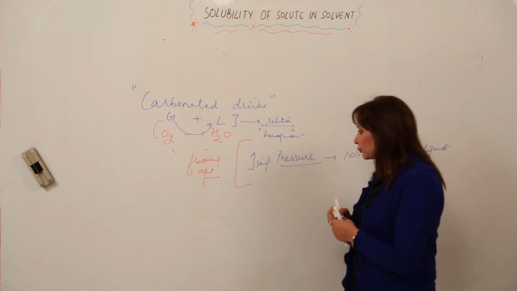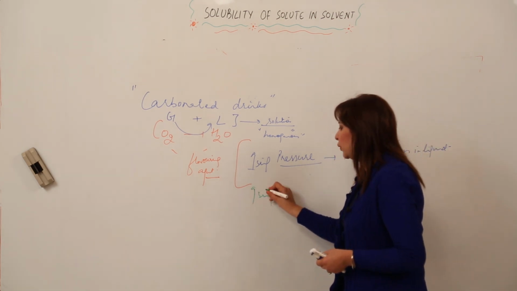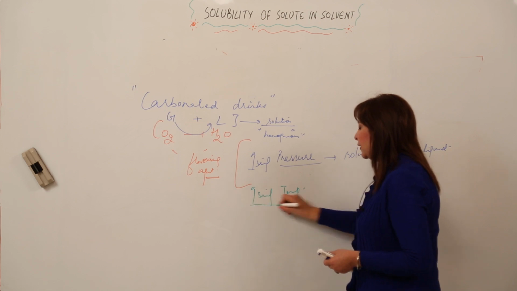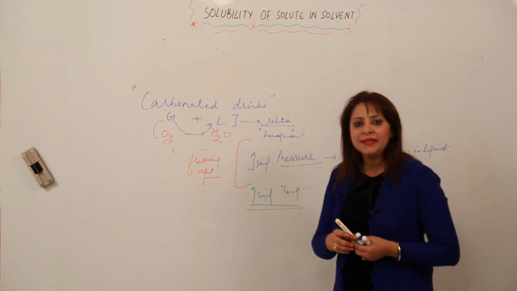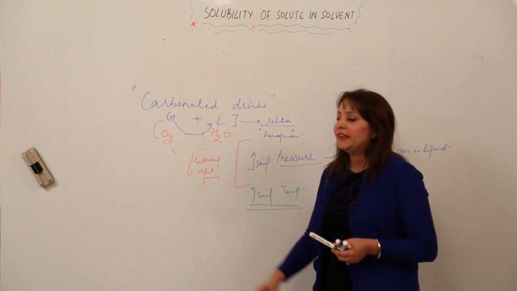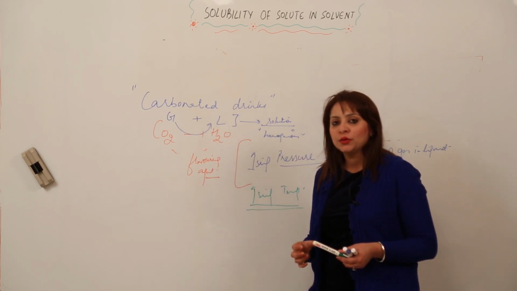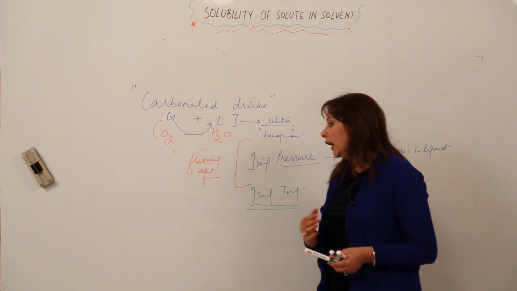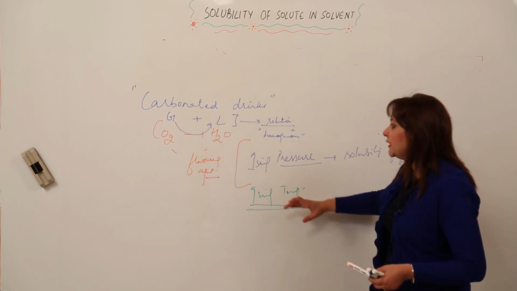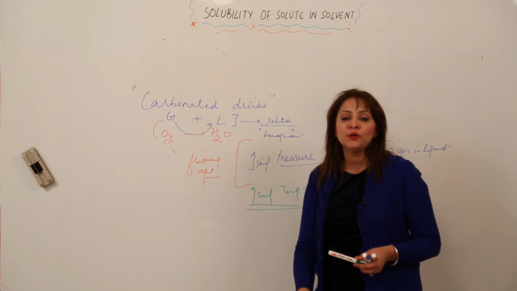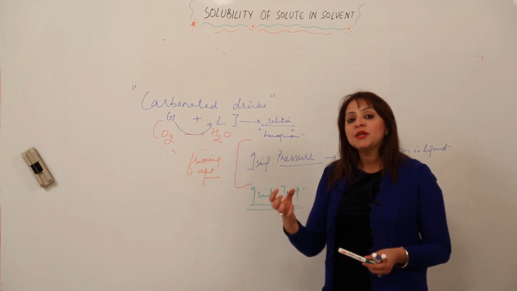And similarly, if I am increasing the temperature, what happens? If I ask you to consider that I am increasing the temperature, what is going to happen? The gas will remain dissolved in liquid, or it will just separate out. So what comes into your mind? Yeah, you're right. When we are increasing the temperature, the gas molecules are gaining energy and they start moving faster.